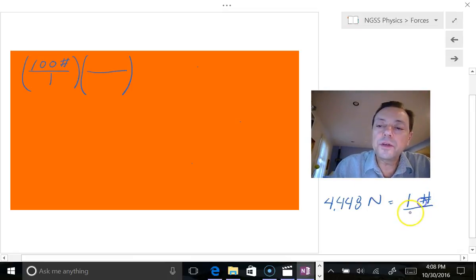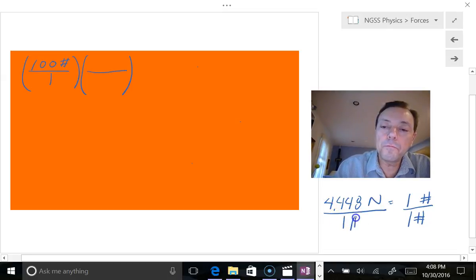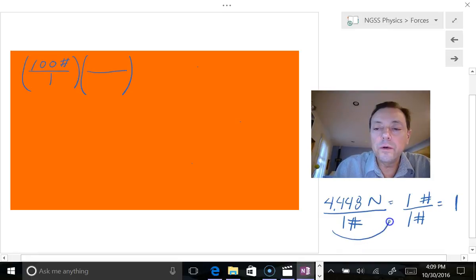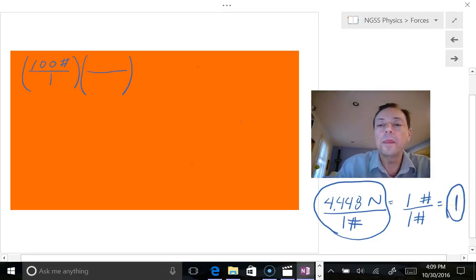I'm going to divide both sides by 1 pound. Anything divided by itself is just 1, which tells you immediately why we can multiply our number by this crazy thing and not have it change, because really our number is just 1 in disguise.